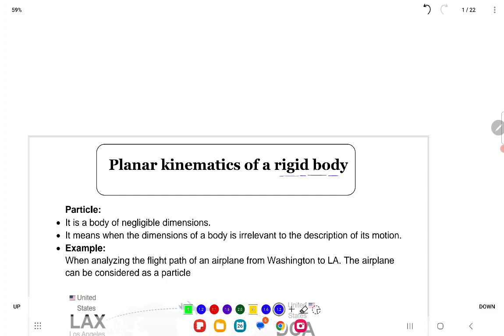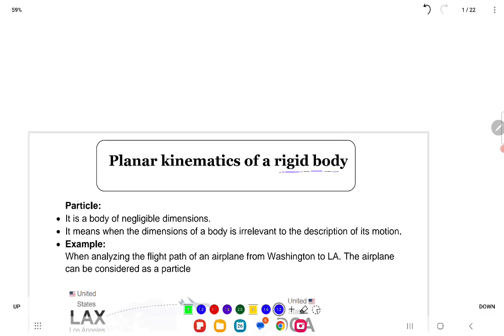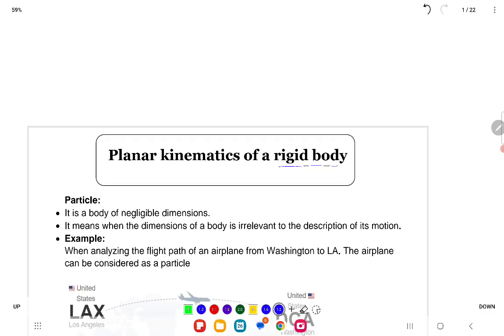Well, I will say that's not really the correct answer, because the size, small or big, is relative to the analysis of what we're going to do with this object, right? For a particle, the dimension is irrelevant to the description of its motion.